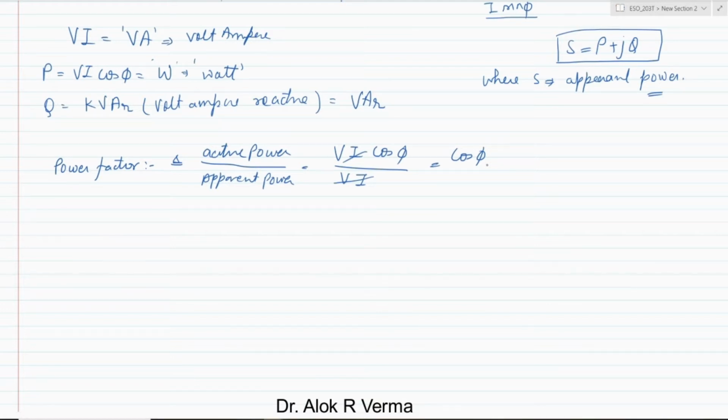Then an AC circuit in which the current lags behind the voltage is said to be having a lagging power factor. Okay, and the circuit in which the current is leading the voltage is known as the leading power factor.